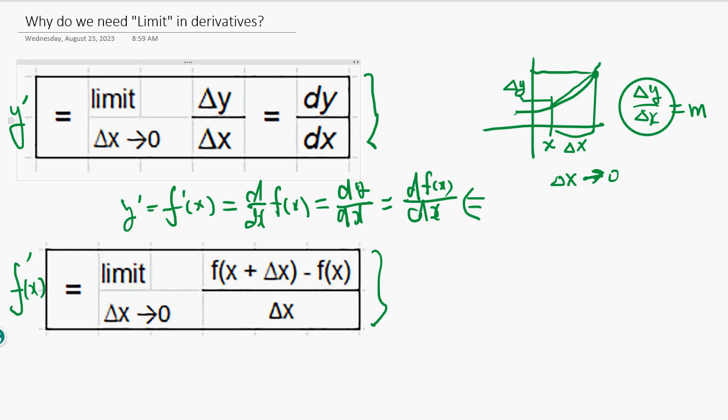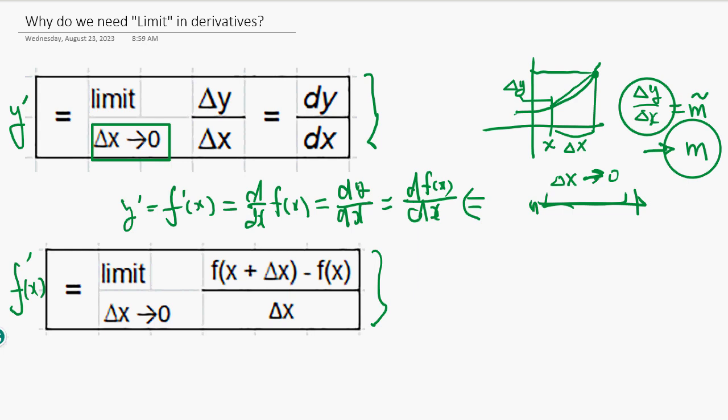It's close to m, almost m, becoming very close to m. So when you make delta x almost 0, then eventually this becomes the slope m. So we write it this way: delta x goes to 0. Cool, right? Okay, so this gives the derivative.